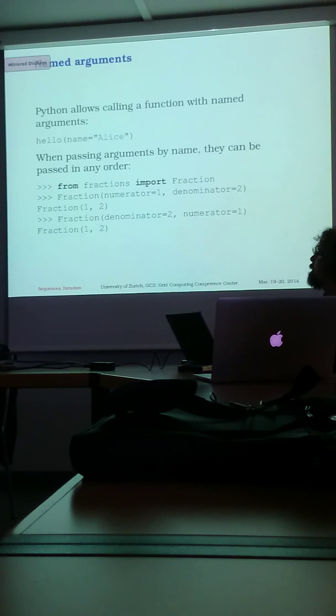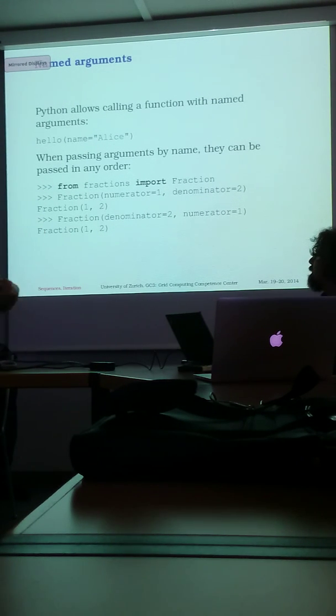So optional arguments are not just optional arguments in the sense that when you have a function that accepts multiple optional arguments, the order doesn't necessarily matter because you can specify exactly the order.